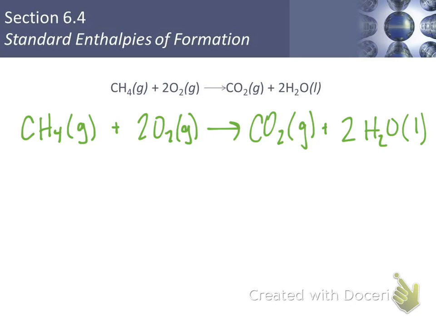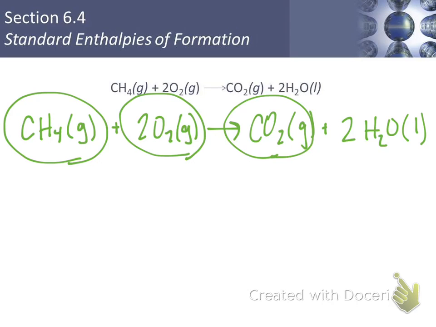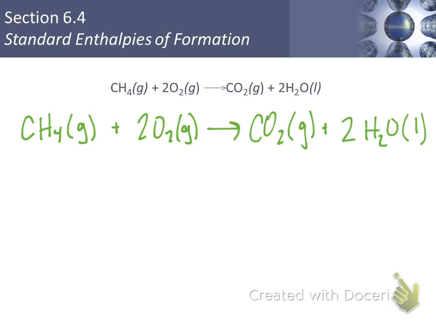So to calculate our enthalpy of formation, we don't have mini reactions like we did with enthalpy of reaction, right? But we do have this huge database in the back of our book that tells us how much heat was required to form CH4, and how much heat was required to form O2, and how much heat was required to form each of our individual compounds.